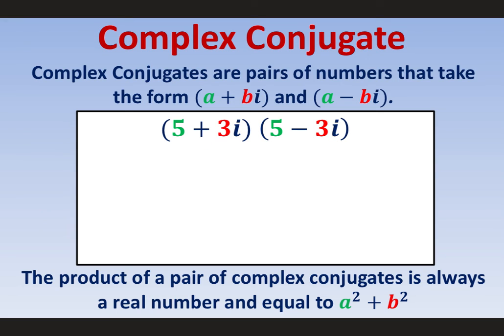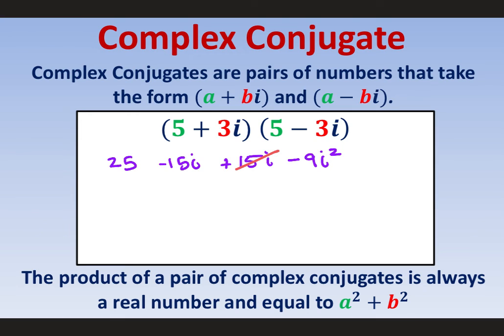Now, if we multiply these out, watch what happens. 5 times 5 is 25. 5 times negative 3i is negative 15i. 3i times 5 is positive 15i, and 3i times 3i is negative 9i squared. So check out a couple things that are about to happen.